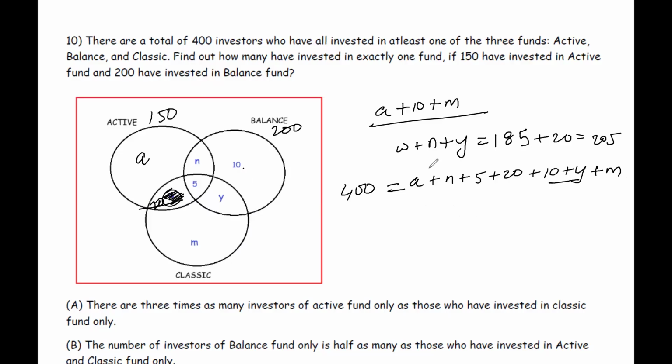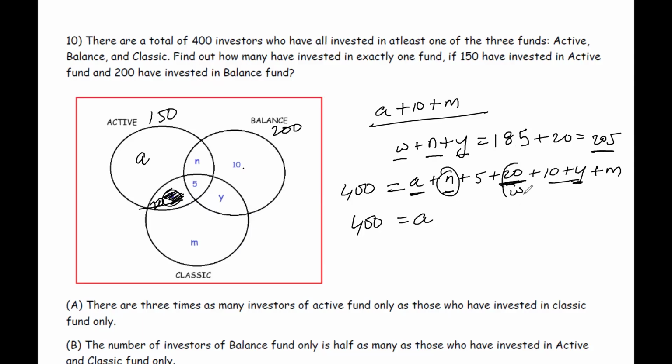All right. Anyway. So now, yeah. So this is the W part, which is 20 we found from the second statement. So 400 is equal to A plus N. Now remember N plus Y is 205. So this the W portion, this is the N portion, and this is the Y portion.